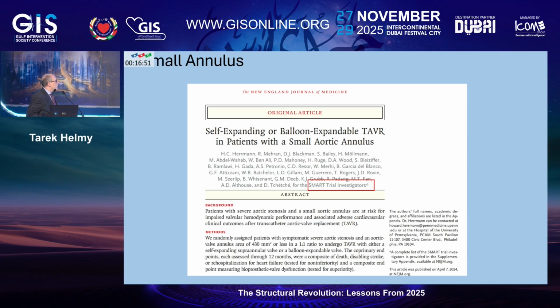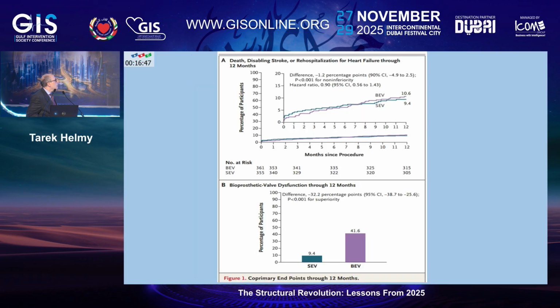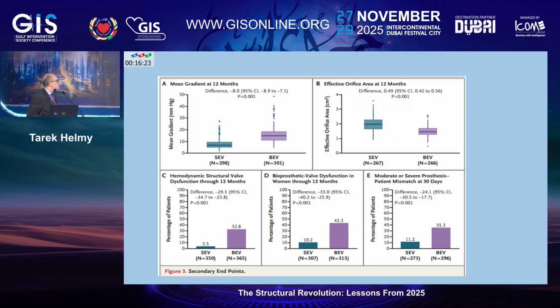The SMART trial was presented, I think in 2024, and as you all know, there was no difference for disabling stroke, rehospitalization, or heart failure. But as you can see here, bioprosthetic valve dysfunction was significantly higher in the balloon expandable valve. So for small annuli, balloon expandable valves have higher gradients and a higher incidence of bioprosthetic valve dysfunction.